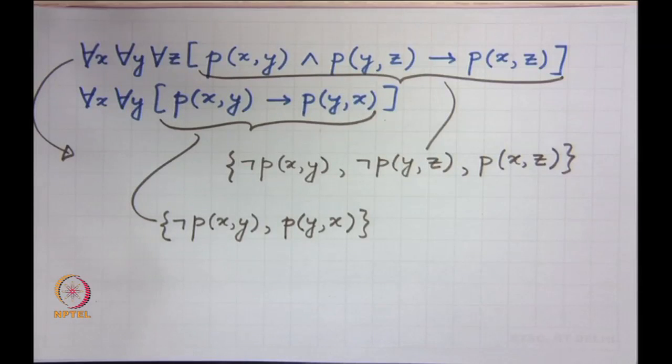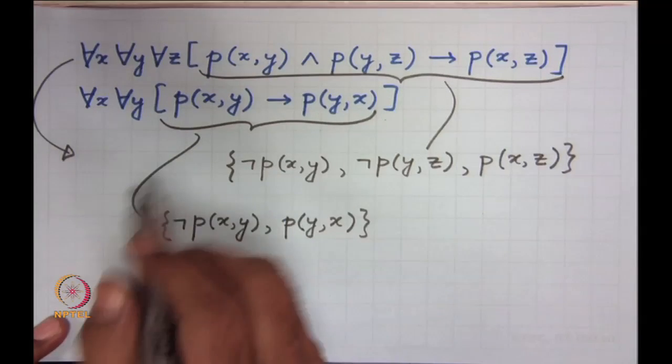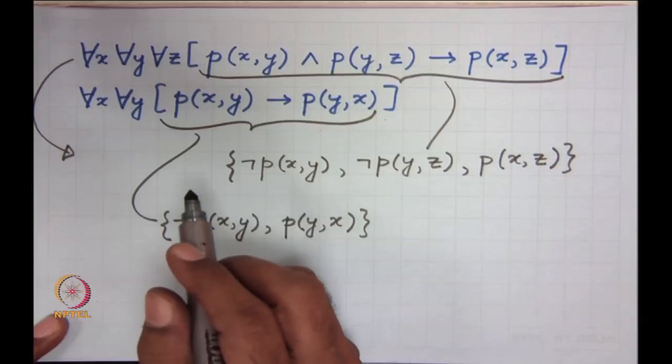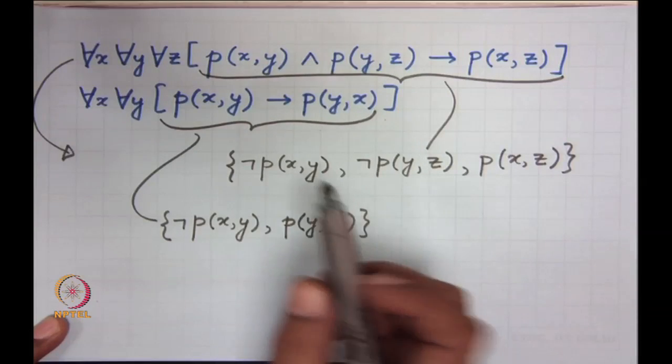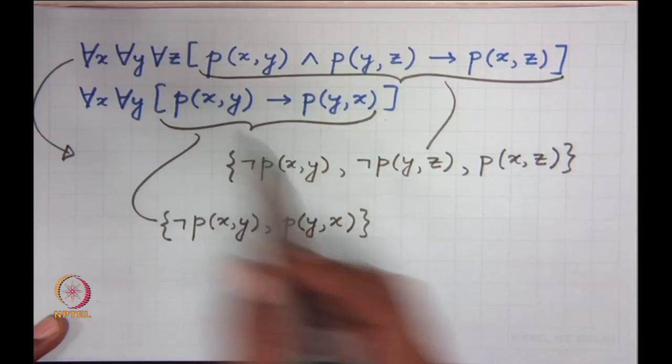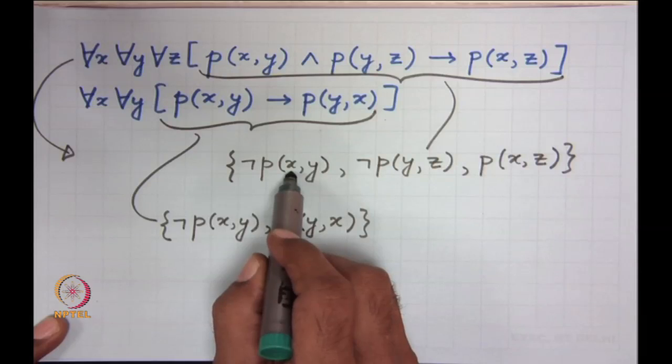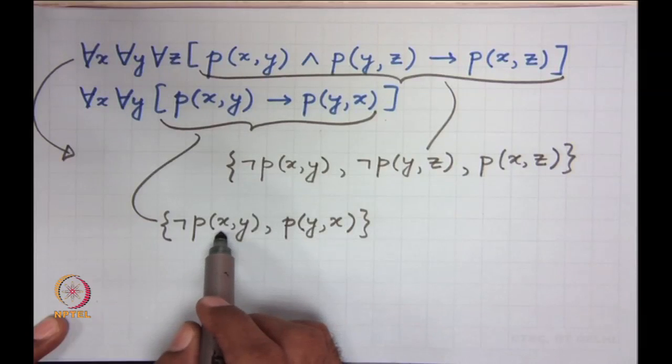However, since these are implicitly universally quantified, it means that this x here and this x here are different x's.